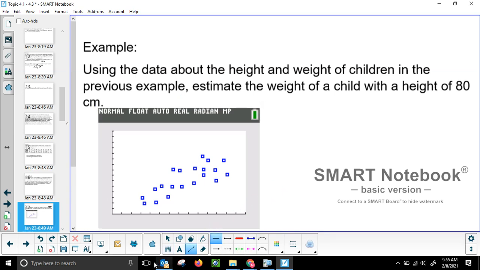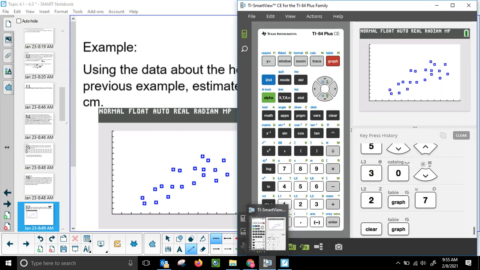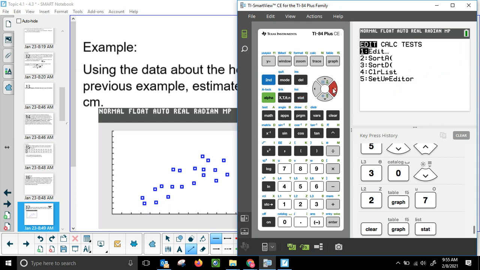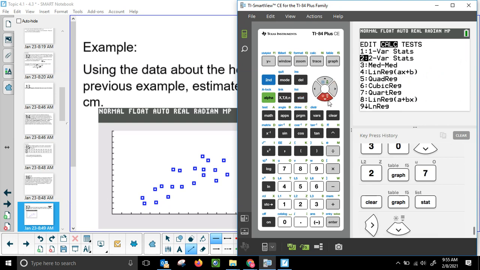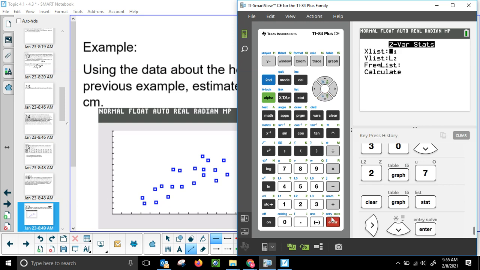Just to be a little bit more precise, I'm going to jump a little bit ahead and show you something. We kind of did this with one variable last week, but we can do it with two variables too. I can go to stat, over to calculate, and down to two variable stats instead of one variable stats. Now it'll do x's and y's.